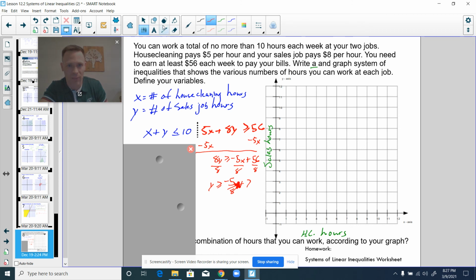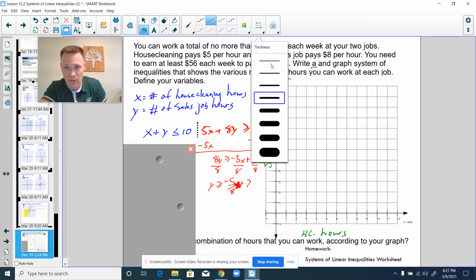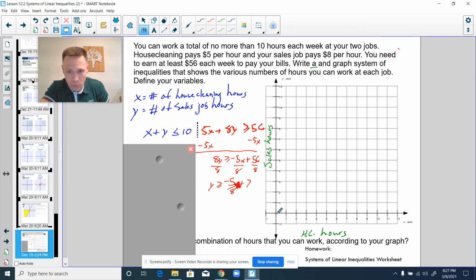So I'm going to graph that. I'm going to get a little bit finer pen here. So my Y-intercept is 7. That's right here. And I'm going down 1, 2, 3, 4, 5, and then I go to the right 8. 1, 2, 3... oh, 8 is right there. So there we go. Down 5, right 8.